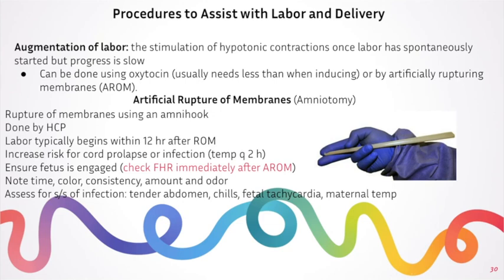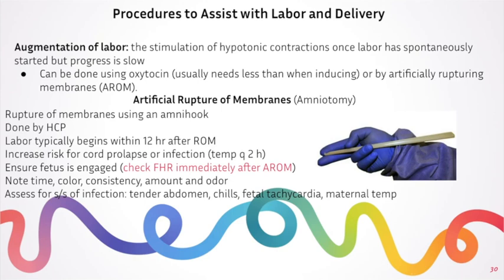So let's talk about if we're going to augment somebody's labor by starting them on Pitocin. Just like the previous slide, when you're inducing somebody's labor on Pitocin, you turn the medication up every certain amount of time to get them in a good labor pattern. Okay, here they came in a good labor pattern, but now everything is slowed down.